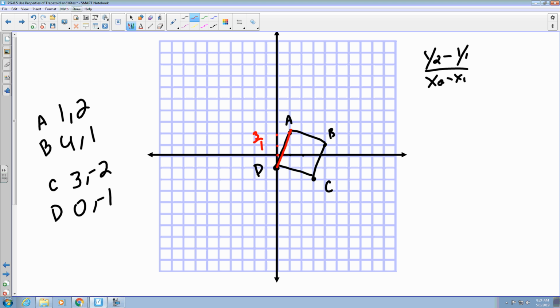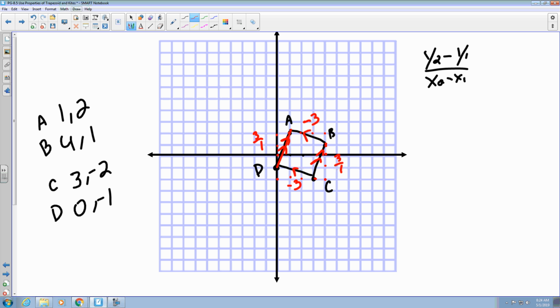Over here, this is going to be 1, 2, 3, -1, so that's -3. This one's going to be -1, -2, -3, -1, so that's 3/1. And then this is -1, -2, -3, up 1, so that's -3. So I have two sets of parallel lines. This line is parallel to that line, and this line is parallel to this line.